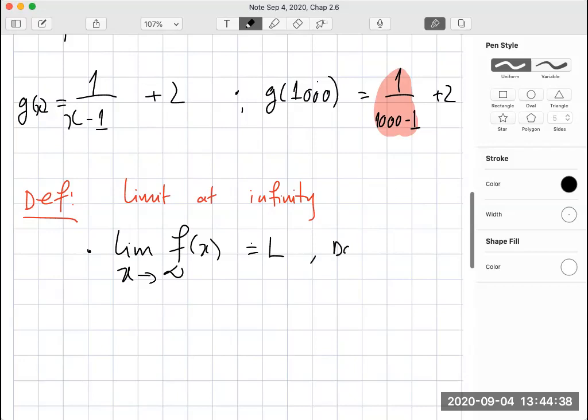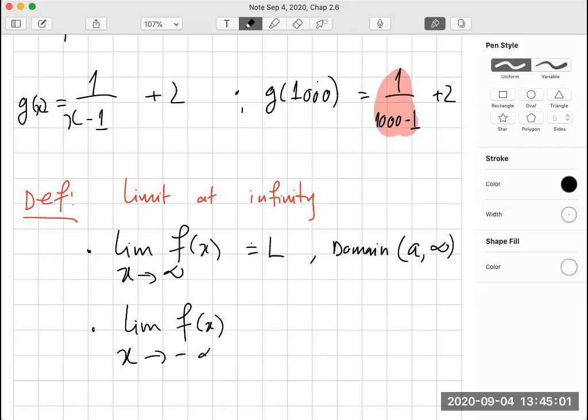Definitely, if we want to consider x approaching infinity, then the domain should be from a number a to infinity. It should be defined there, otherwise we cannot write it. Or when x approaches a very small negative number, then it should be defined on negative infinity to a number a, where a is a constant in R.